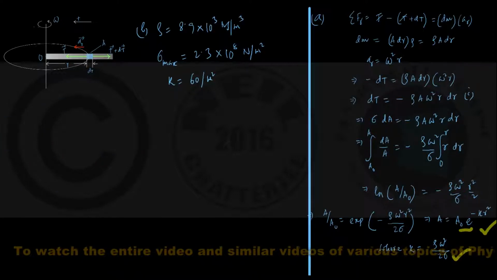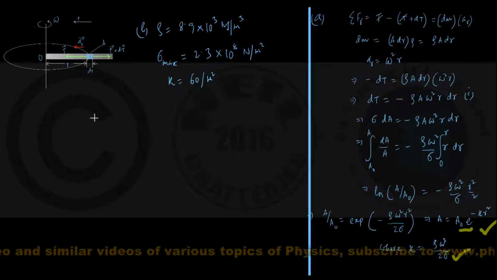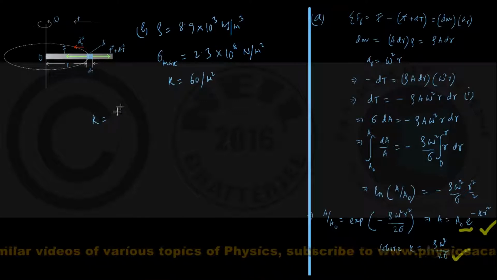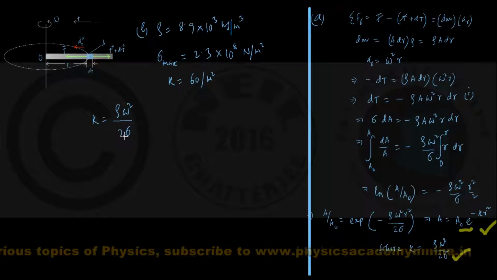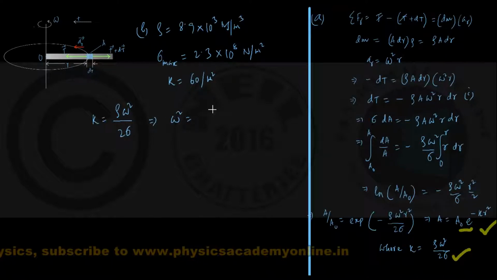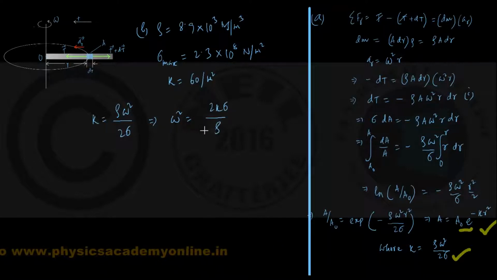So this was the figure, right? So this last relationship is showing me that the constant K is given by rho into omega square by twice sigma. It follows from here omega square can be expressed to be 2K into sigma by rho.